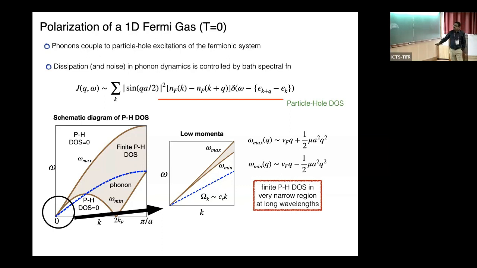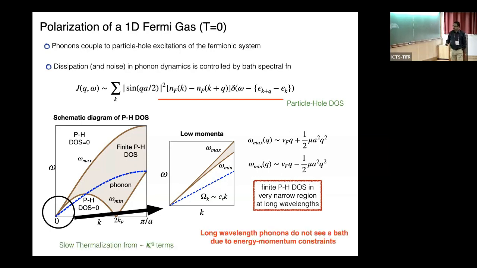And unless your phonon velocity is very much fine-tuned to be exactly at VF, your phonons do not see any bath. And then it's not surprising that those phonons do not thermalize. So this is kind of expected. Once you go in here, you start thermalizing.